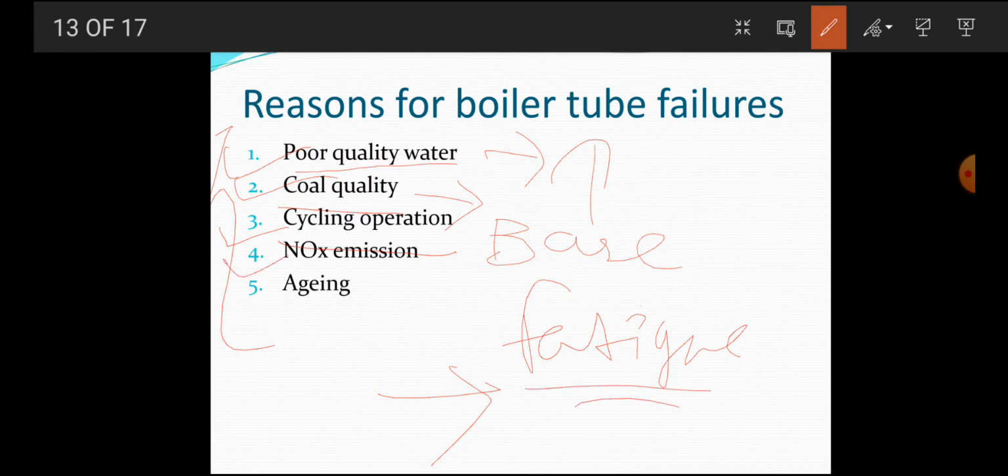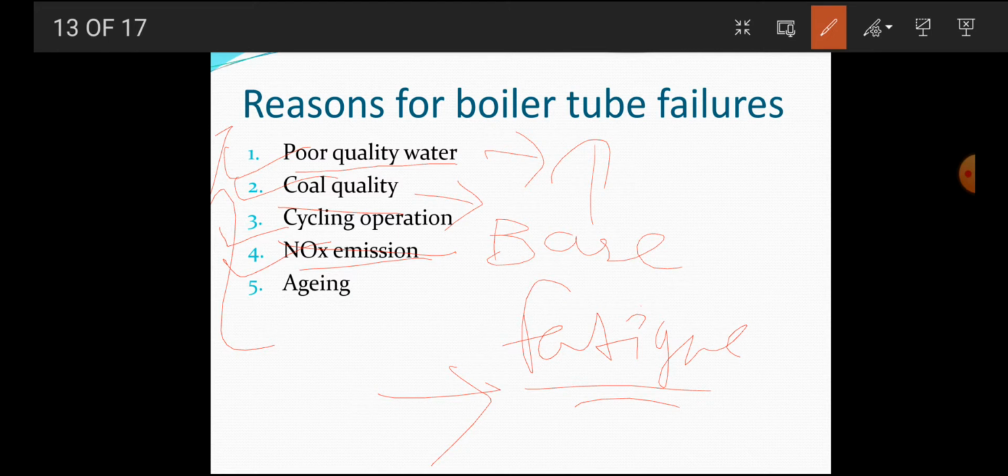Then the fourth point is NOx, that is nitrogen oxides emission. Deep staging combustion for NOx reduction has produced serious water wall fire corrosion for high sulfur coal firing, especially in supercritical units.